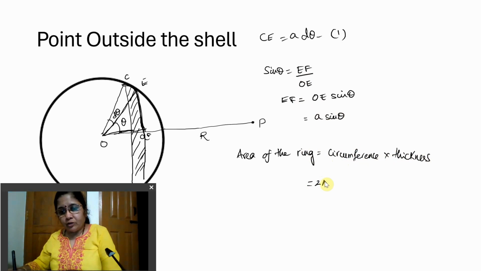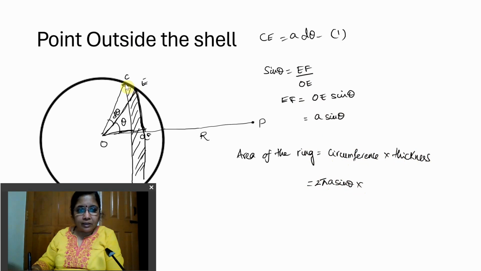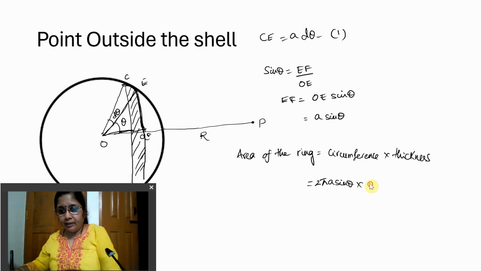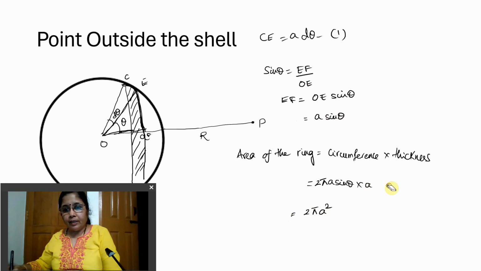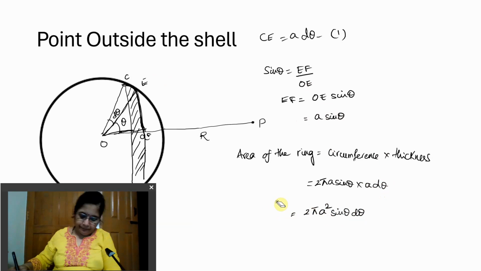So the area of the ring is the circumference, 2 pi a sine theta, into the thickness. CE is the thickness of the ring, which you have already found as a d theta. So 2 pi a sine theta into a d theta. So the area of the ring can be given as 2 pi a square sine theta d theta. This will give you the area of the ring, right?